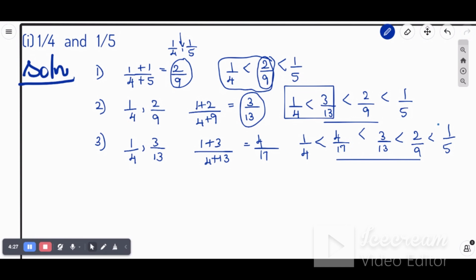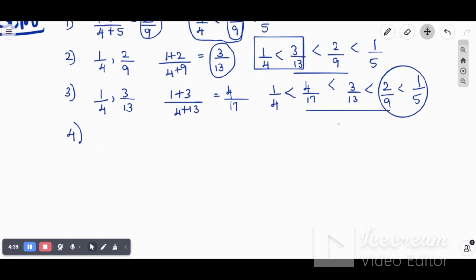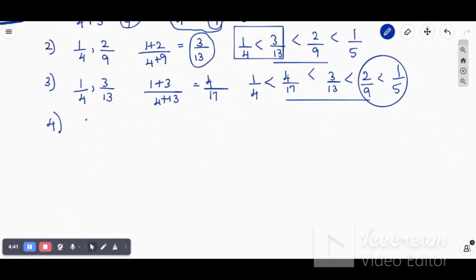This time, let us take the last two, 2 by 9 and 1 by 5, for easier addition. So the fourth one will be 2 plus 1 by 9 plus 5.